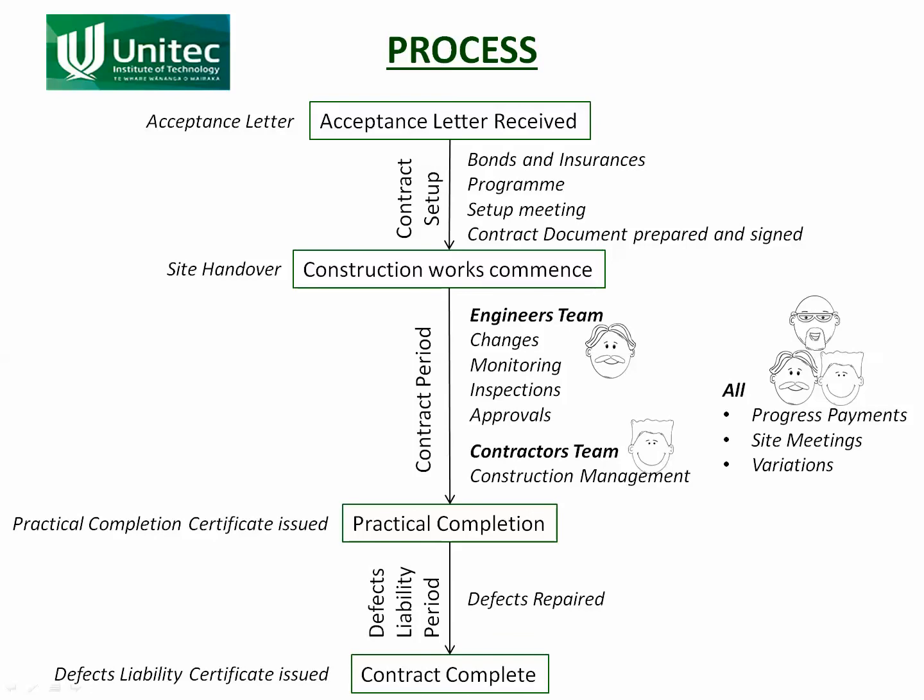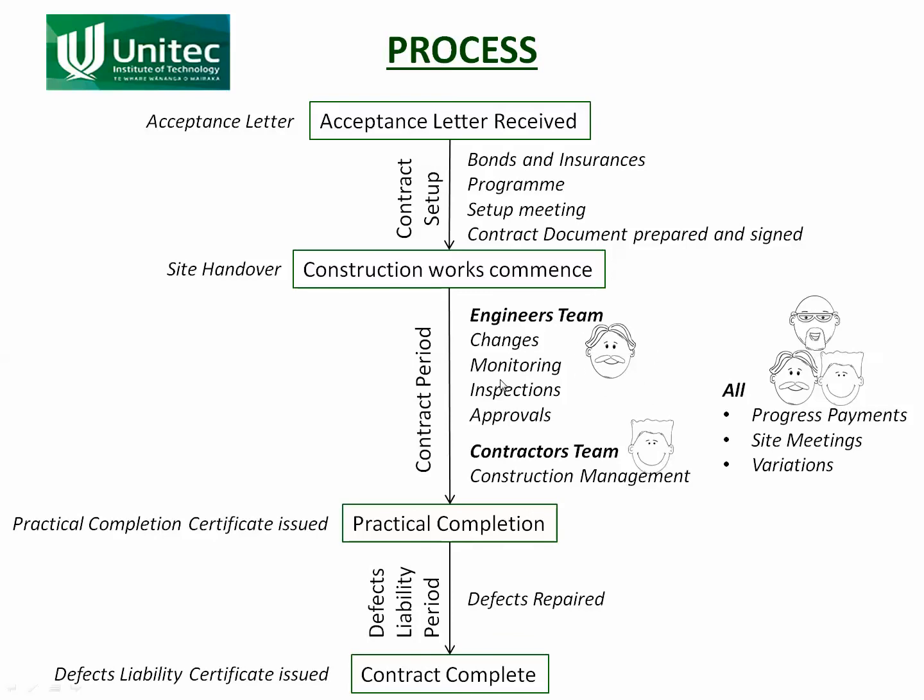So during the construction, and then the contract period starts. This is when the actual construction happens. So the engineer's team are implementing changes if they're required. They're monitoring to make sure that the works are being built properly, quality. They're doing inspections, approvals.